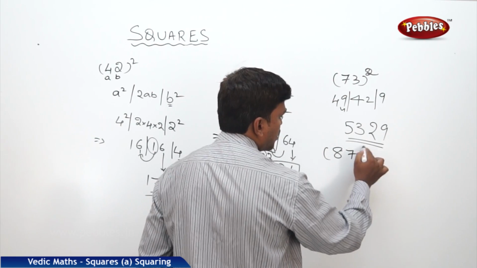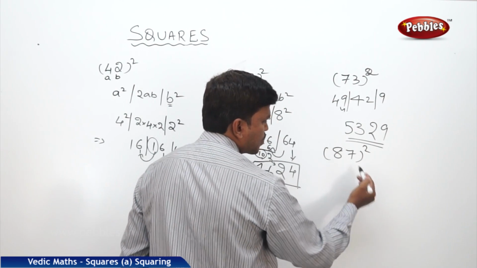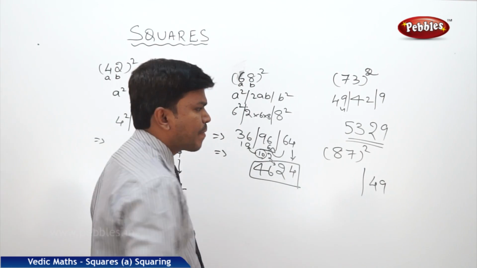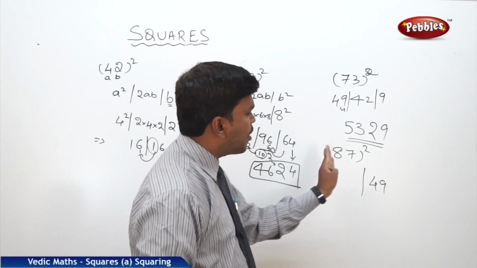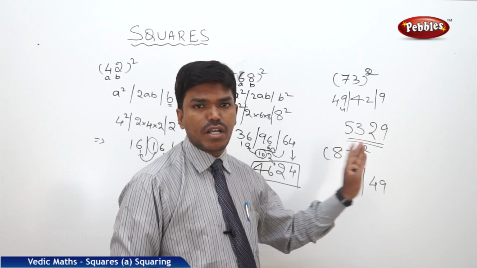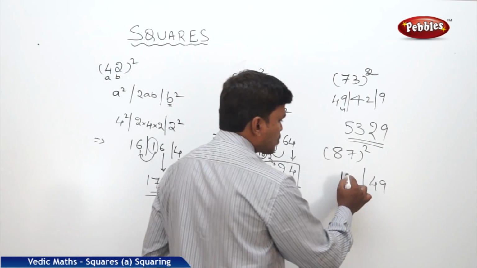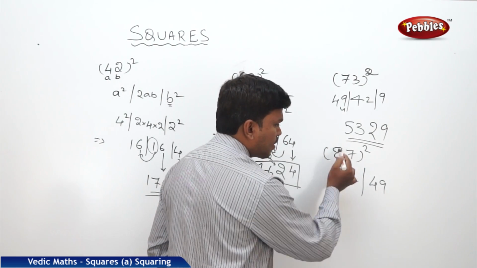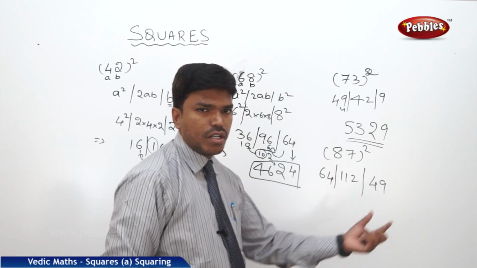87 square I need. Start from the right side. So 7 square, that is B square, 49. 2AB, 2 into 8 into 7: 2 eights are 16, 16 sevens are 112. Now A square, that is 8 square, 64. Now balance this.